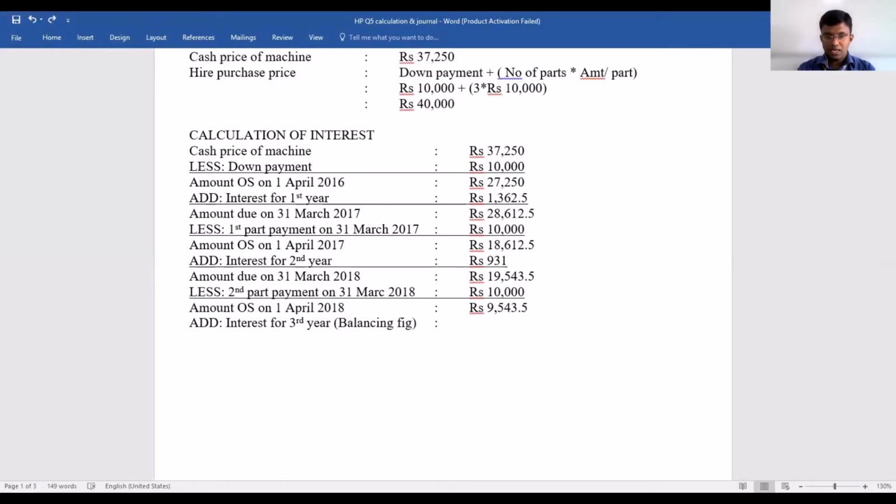The reason being, if you end up calculating 5% of this amount, you would notice that the amount would be higher than the actual amount. Okay, so it'll exceed 10,000. But please remember, your part payment is only 10,000. So in order to address that issue, we would be taking the difference.